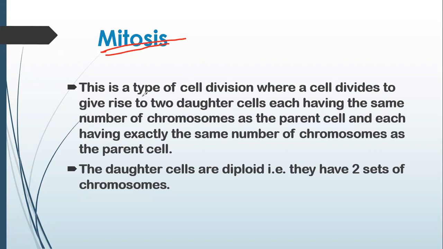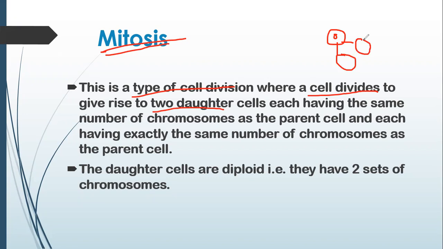Mitosis is a type of cell division where a single cell divides to give rise to two daughter cells. You have this cell, and this cell is dividing to give rise to two daughter cells.